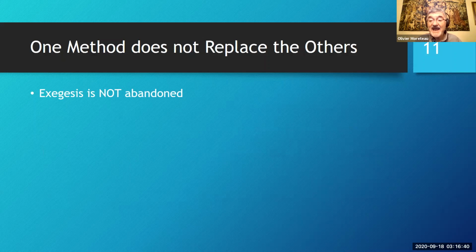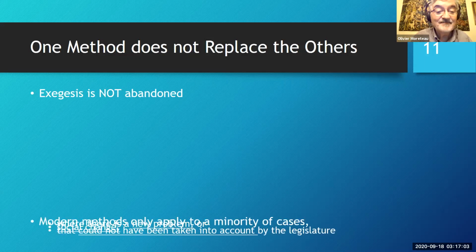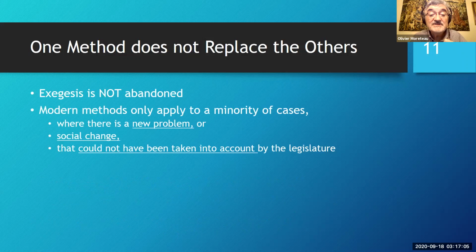And as I said in the exegesis videos, most cases where codes and legislations are to be interpreted are done based on the classic method of interpretation. I ventured 95%, it may be even more than that. But the modern methods only apply to a tiny minority of cases, okay?